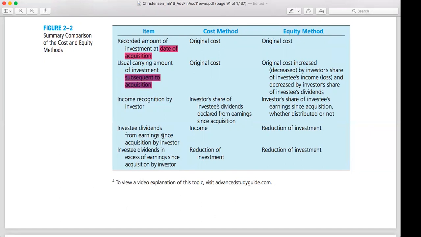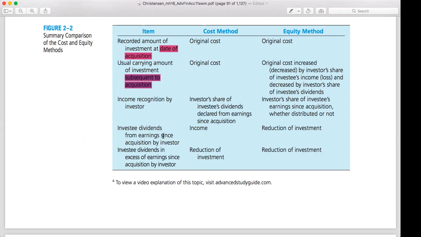And the next one is related to investee dividends from earnings since acquisition by the investor. So this will be recorded as income under the cost method, and will reduce the investment in the equity method.